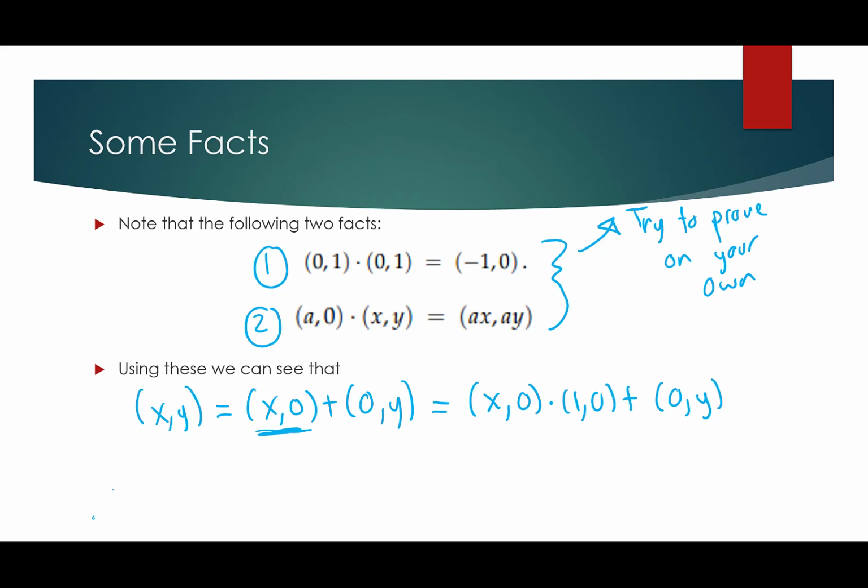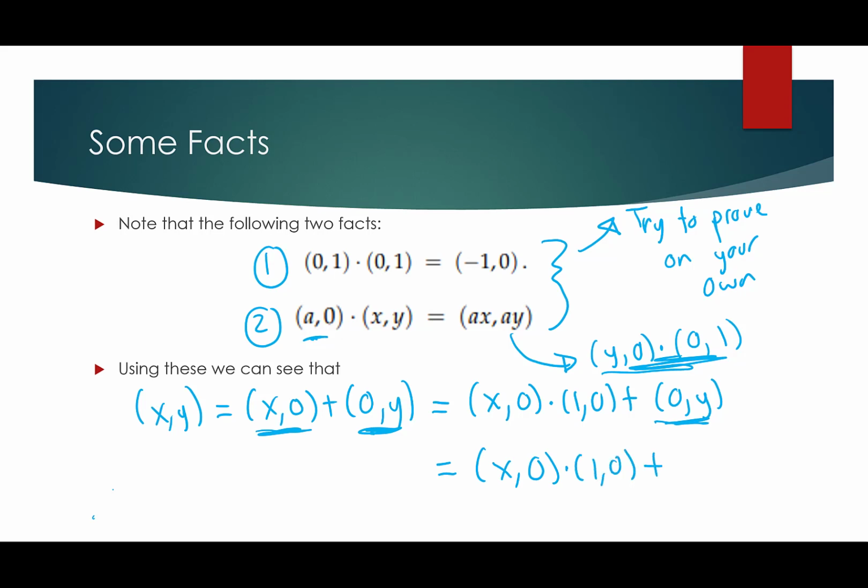Now the tricky part is the second coordinate here. Using 2 in this way, we're thinking about this as y comma 0 times 0 comma 1. If we use property 2 with these 2 points, we can write our second coordinate as follows. This is going to be really subtle. How can I use equation 2 here to rewrite 0 comma y?